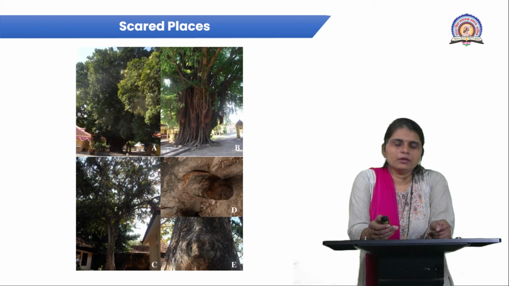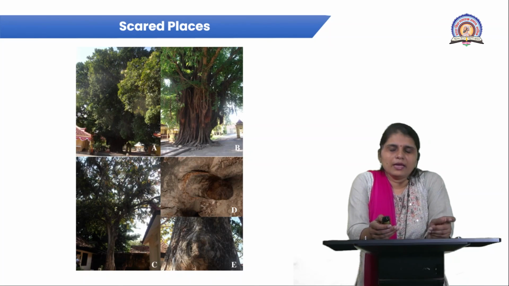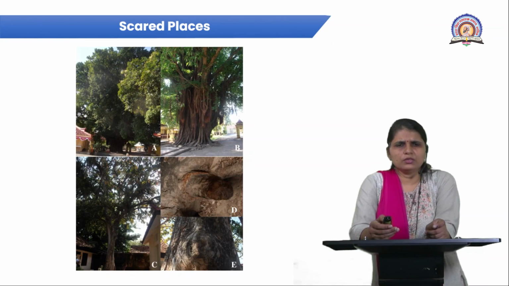For example, tribal people believe in sacred places and in things like jadoo tona, or they make ornaments like a tie and wear them on the neck. These sacred places are present all over the world.